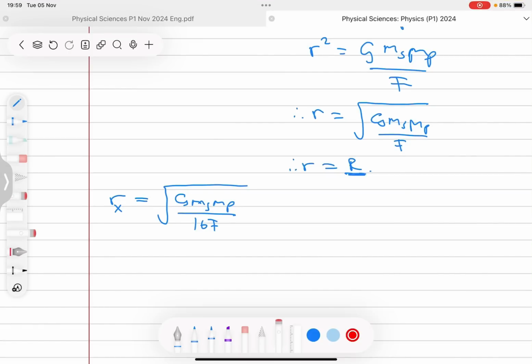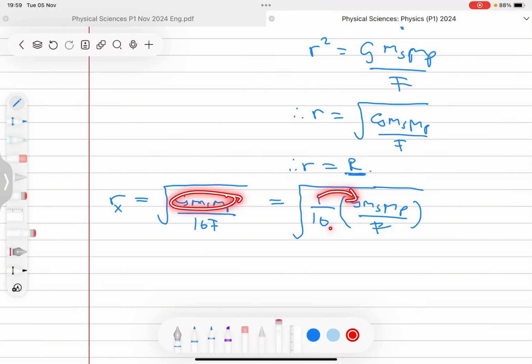Now, at this stage, I will take the 1 as a common factor and 16 as a common factor, so that now I have the universal constant, mass of the sun, mass of the planet over F, right? Because if I multiply by 1 here, I'll get this.